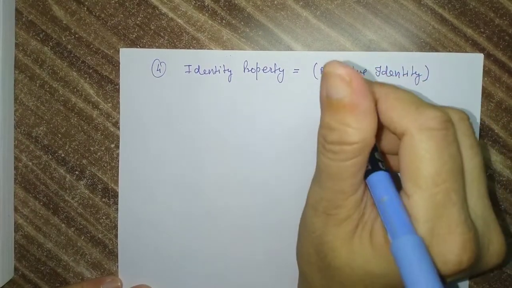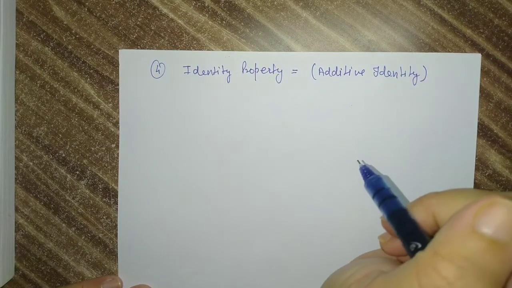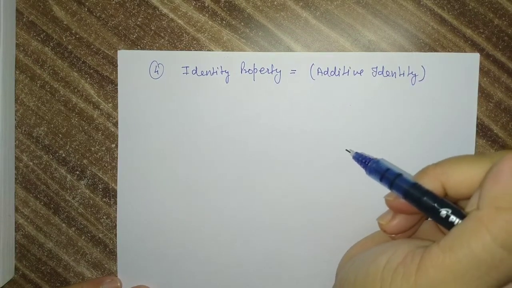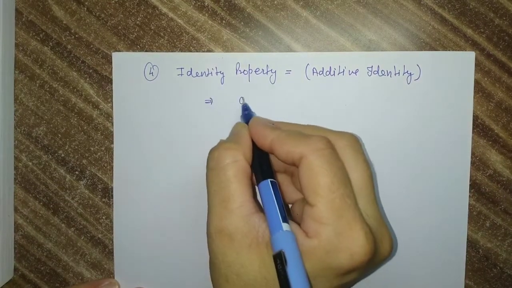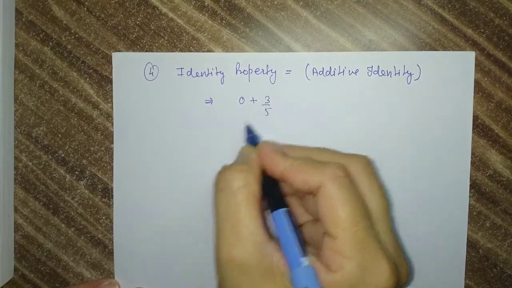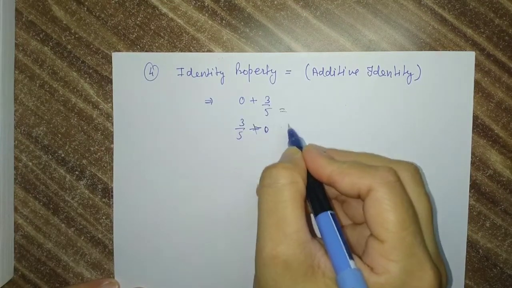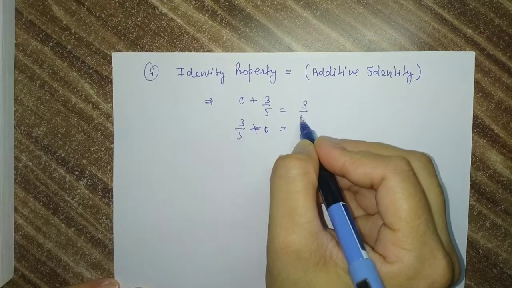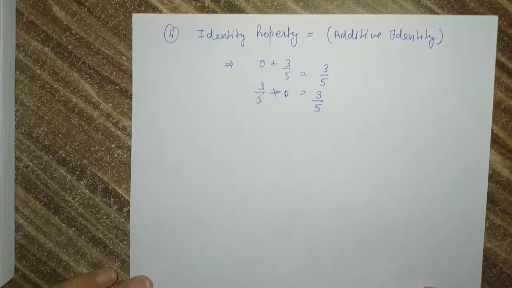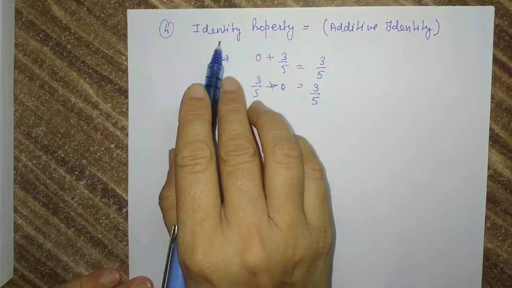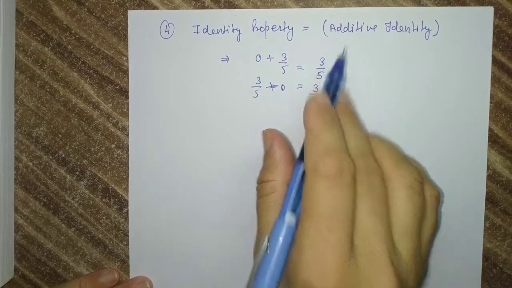According to this property, 0 is a rational number such that the sum of any rational number and 0 is the rational number itself. For example, if 0 is added to any rational number or any rational number is added to 0, in both cases the answer will remain the same, that is the rational number itself. There is no effect on the answer. So this property is said to be identity property, otherwise additive identity.